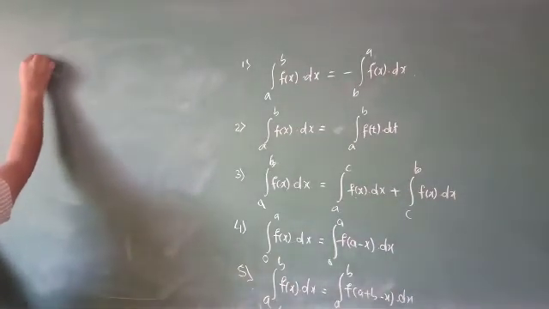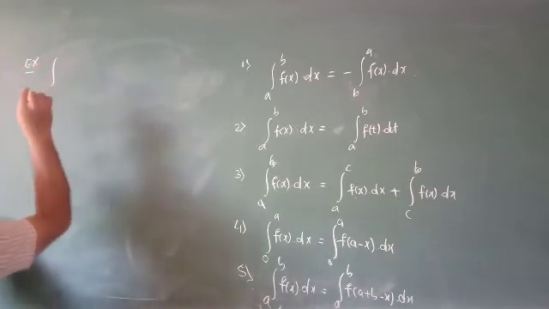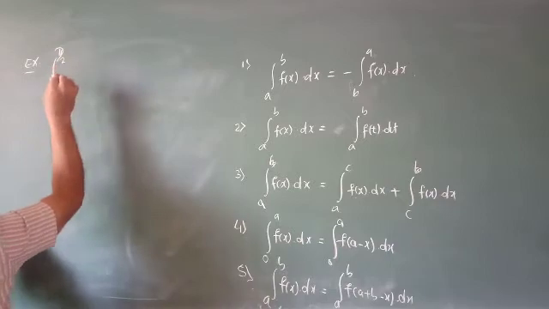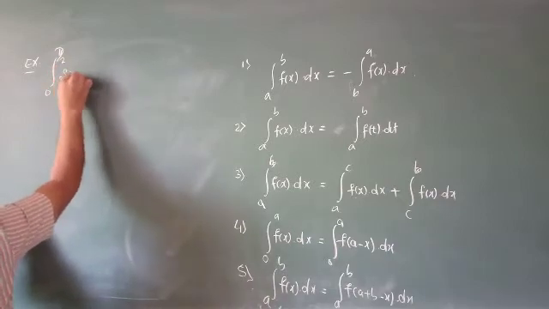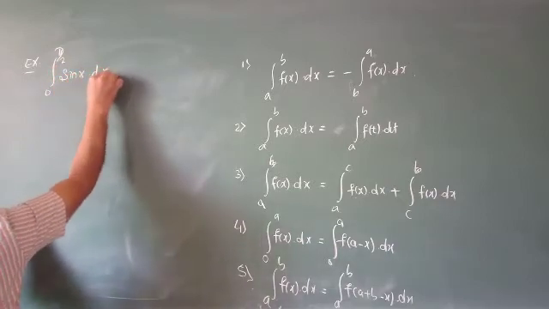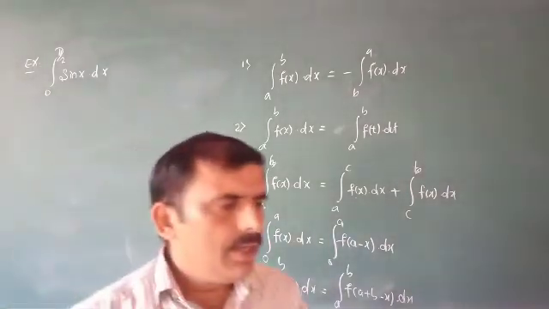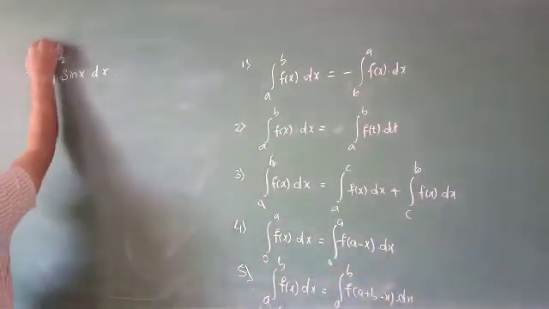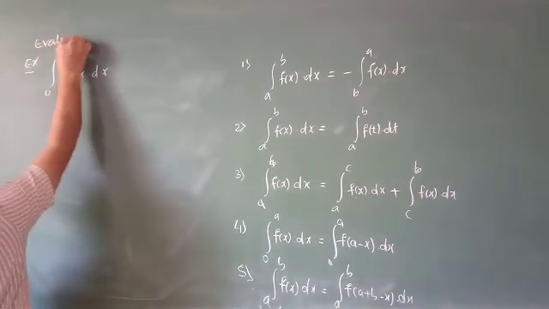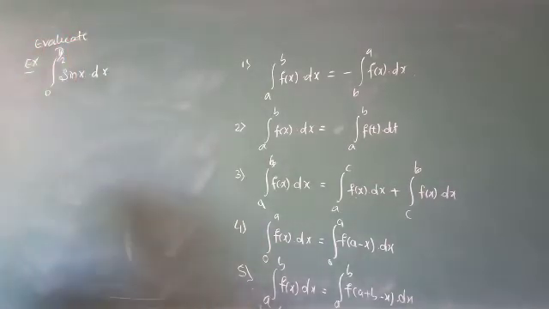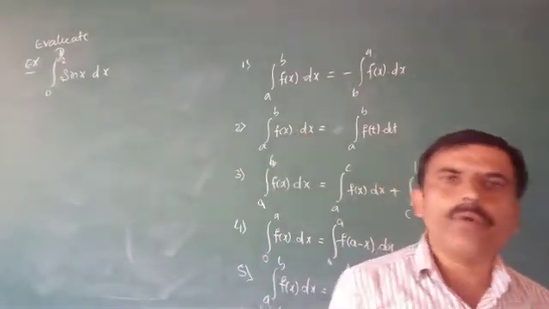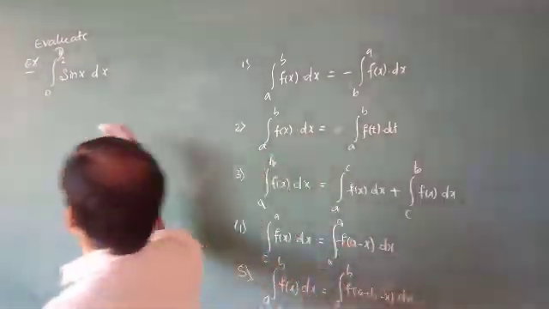Example: integral of 0 to pi by 2 of sin x with respect to x. Here they ask you to evaluate. Evaluate the integral of 0 to pi by 2 of sin x with respect to x.